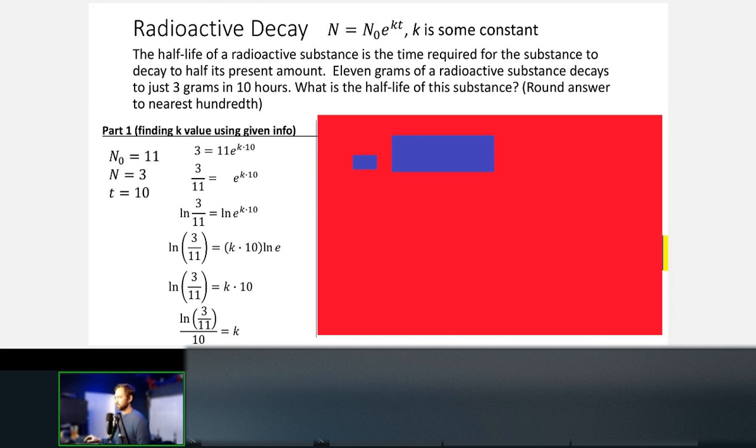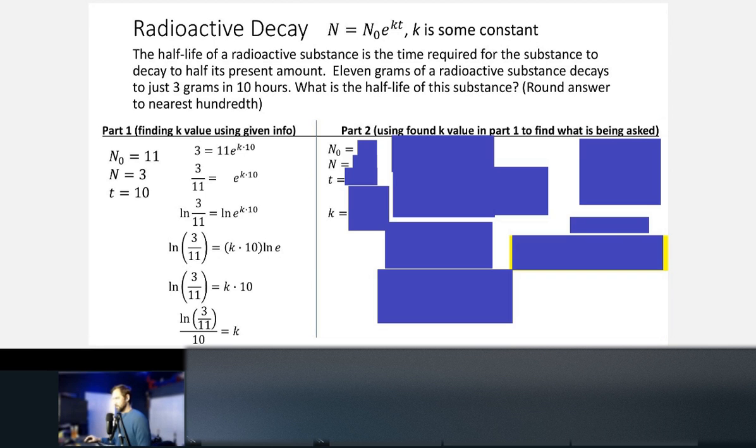Never round your work. No, we're allowed to round our answer because it wants us to in the end. But even though we got the answer for part 1, that is still part of the work that we need to carry over in part 2. So we don't want to round your k value.